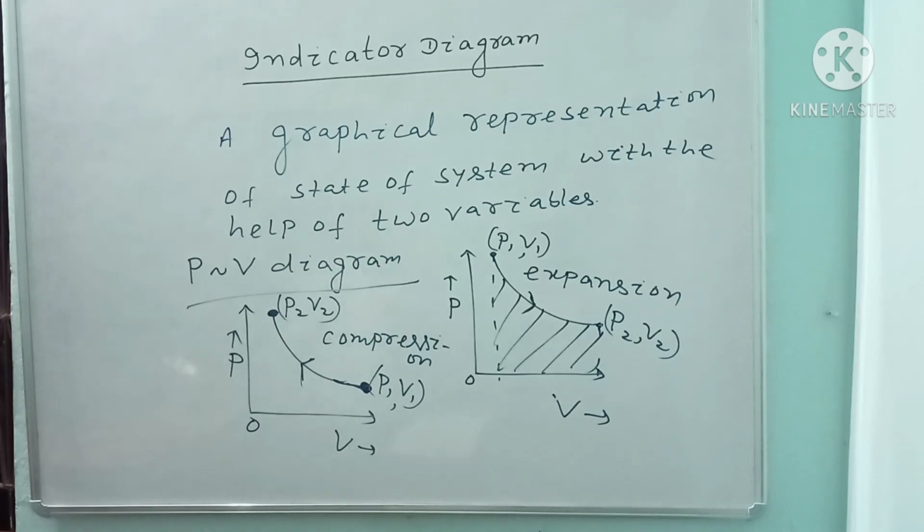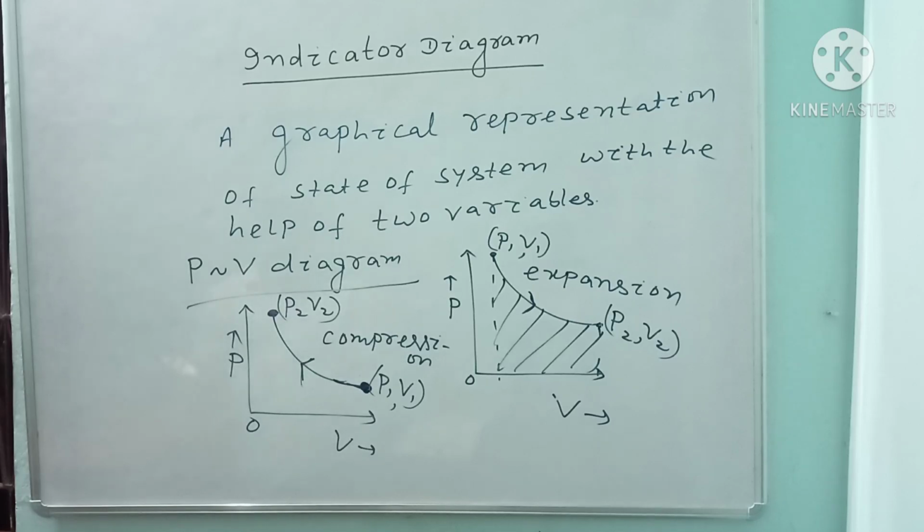This is the important part. So the importance of PV diagram is that the area bounded by this graph with volume axis is the work done by the system or on the system.